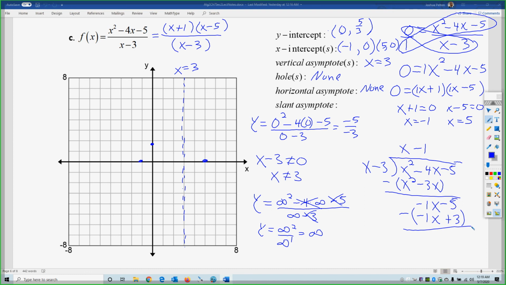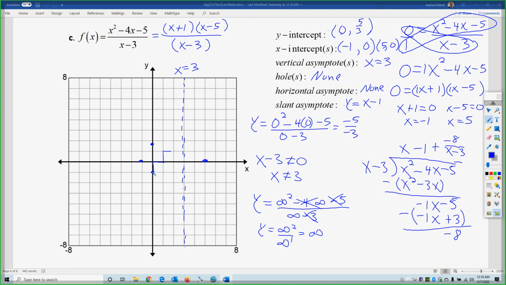So that gives me a negative 8. So plus negative 8 over the x minus 3, which is irrelevant because when you go to infinity, the negative 8 gets erased by the denominator of infinity. So essentially I have a slant of y equals x minus 1. So that's a y-intercept of negative 1, essentially, and a slope of 1, so up 1 over 1, right?